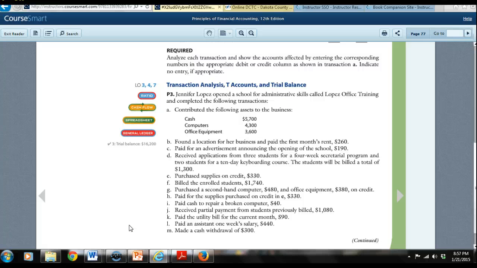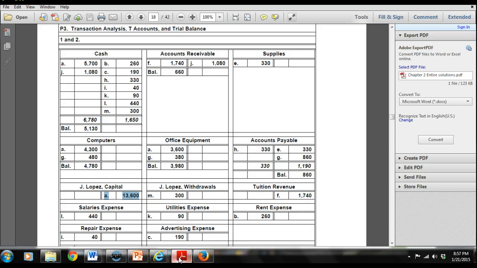E, purchase supplies on credit for $330. What does that sound like, guys? Debit supplies for it's E, 330, and accounts payable gets credited for 330.